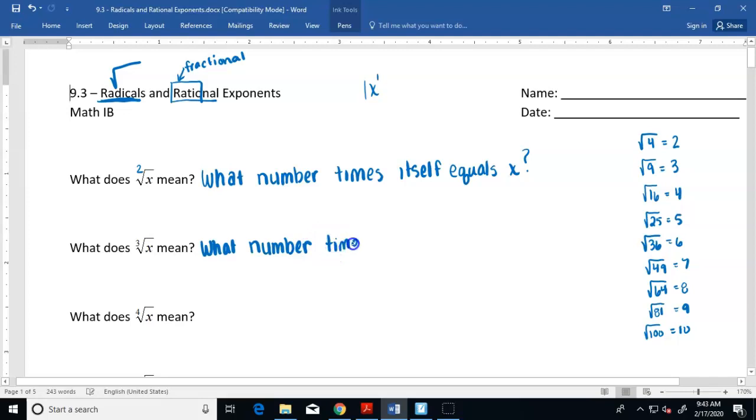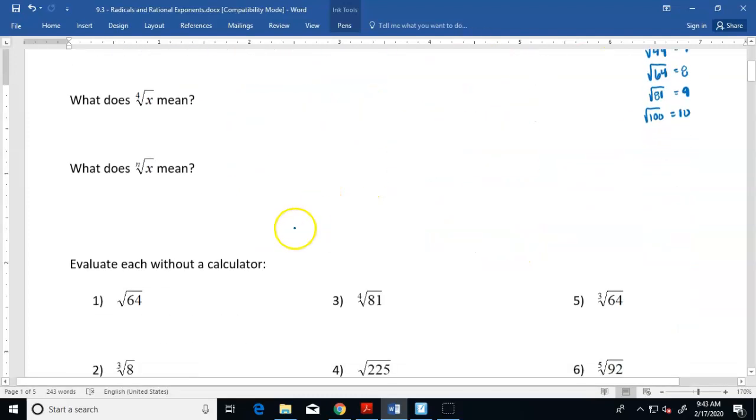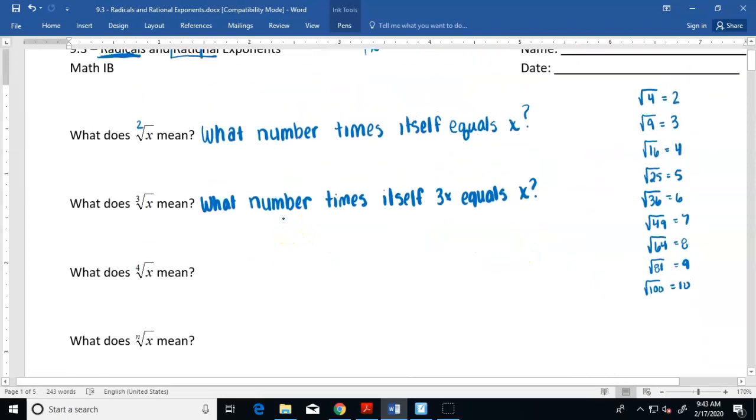So a cube root means what number times itself three times equals x. For example, if I want the cube root of 125, that would equal 5.